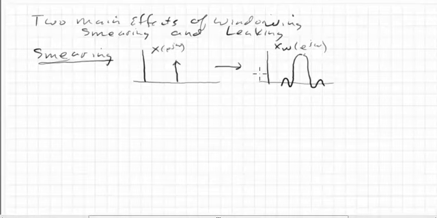What has happened is this infinitely narrow spectral line is now spread out. It's smeared out over a wide range of frequencies. It begins with all of its power concentrated at a single precise frequency, but after we observe it, the spectrum is smeared out over a range of frequencies. It's still centered at omega naught, but now it's smeared out. This leads to a loss of resolution.